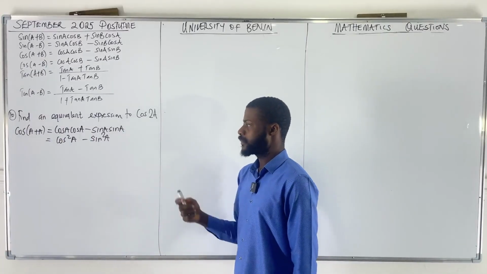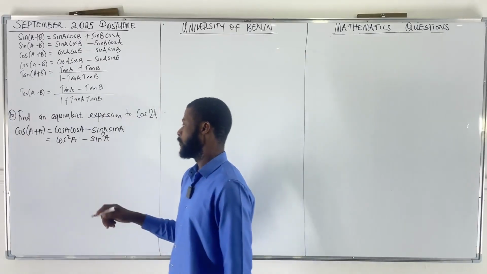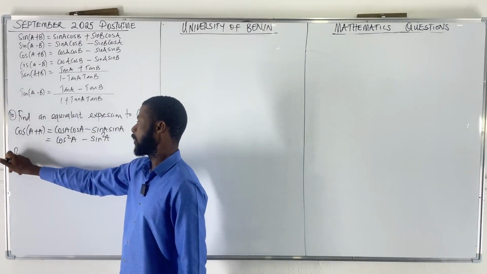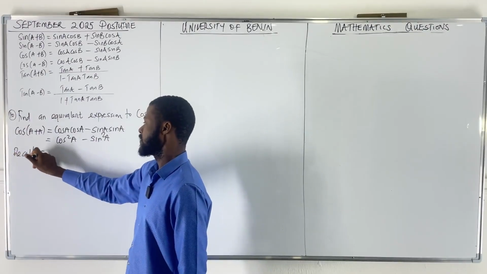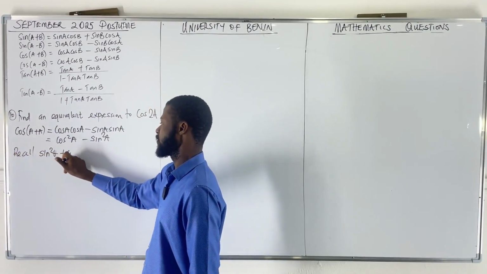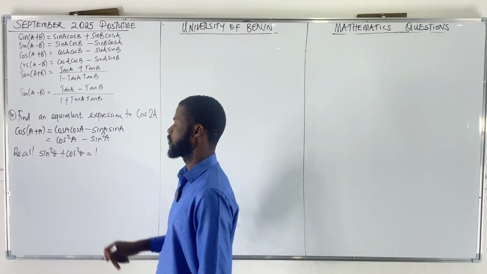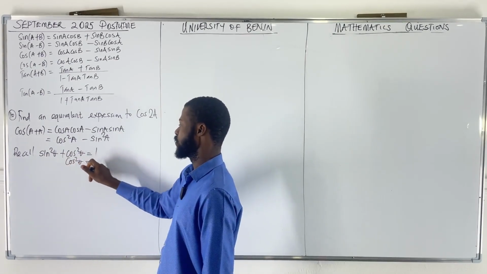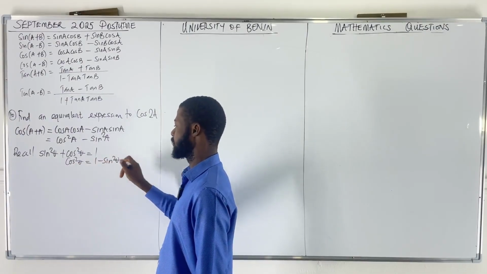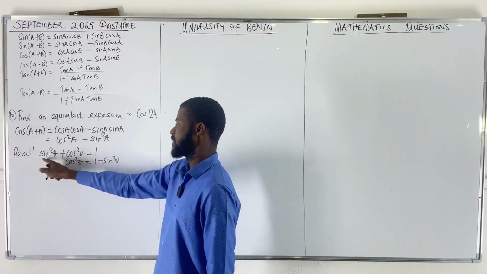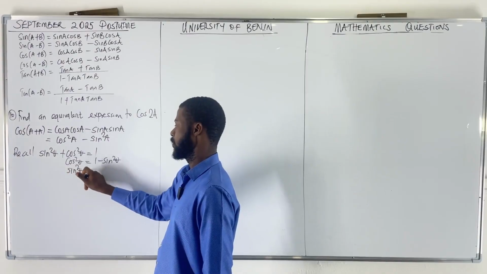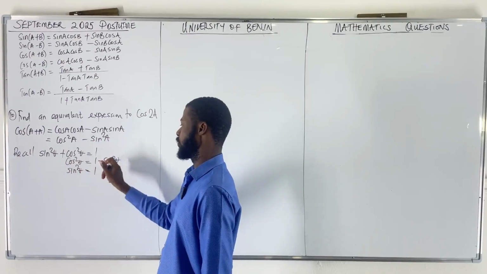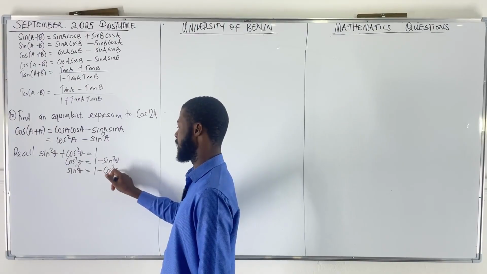But we can simplify it further, because we need to recall that sine squared theta plus cos squared theta is always equal to 1. So if you want to find cos squared theta, this is going to be 1 minus sine squared theta. Also, if you want to find sine squared theta, this is 1 minus cos squared theta.